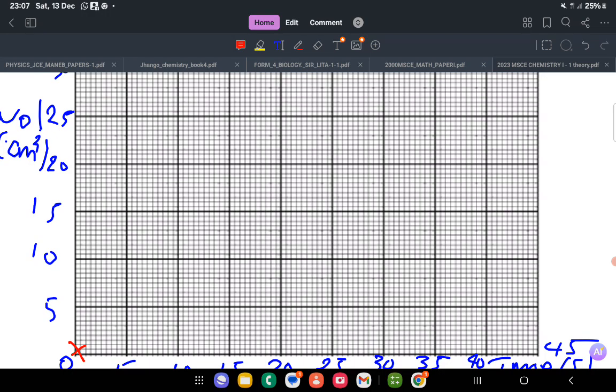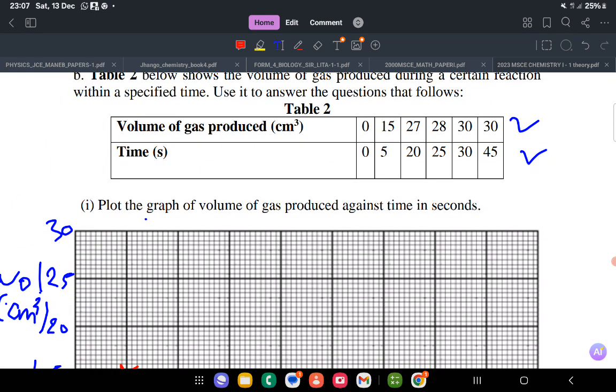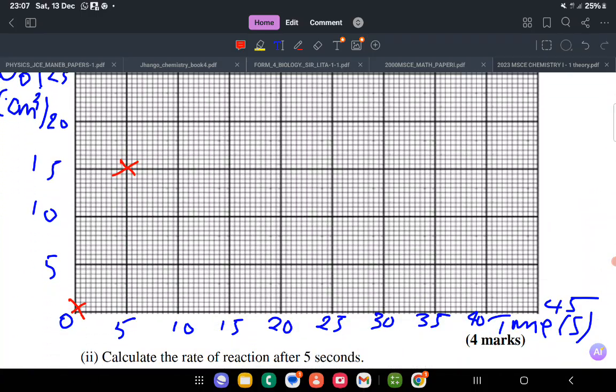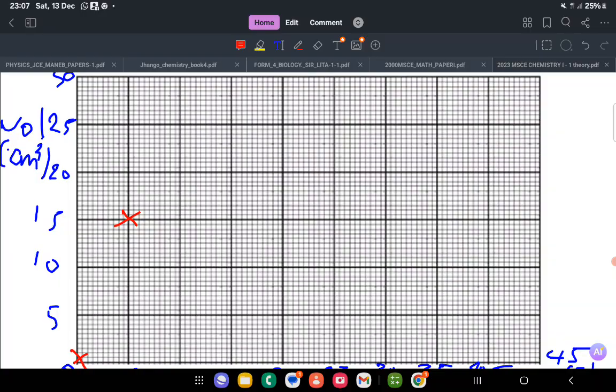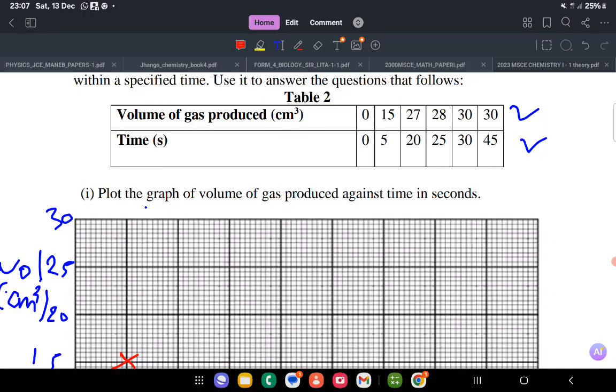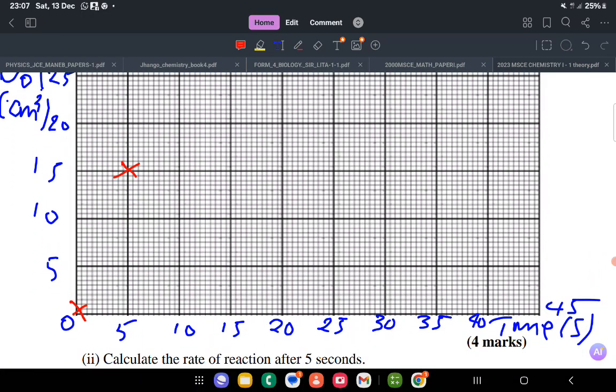So that must be somewhere here. All right, when the time is 20 seconds, the volume is 27. We need to be careful there. 20 is somewhere here, so we need to determine 27.